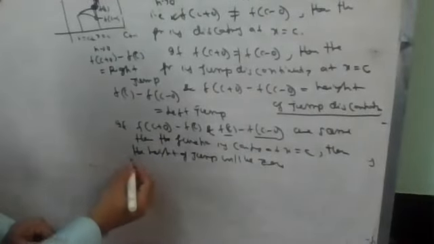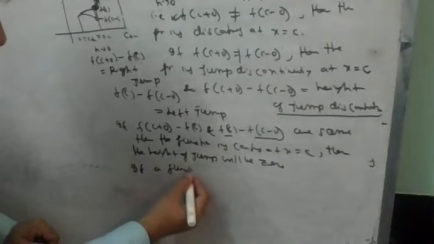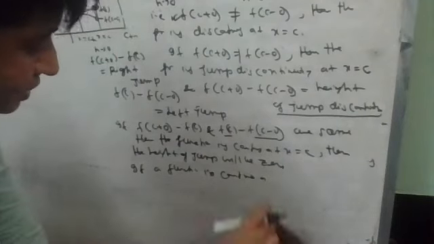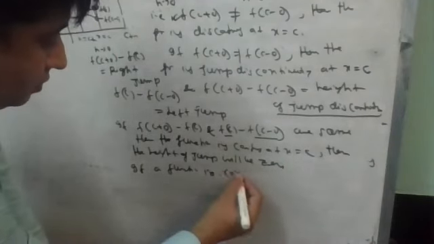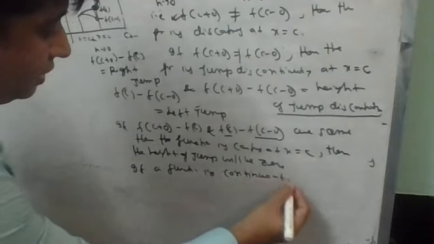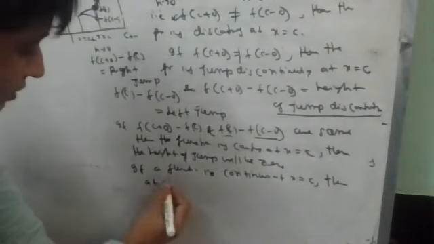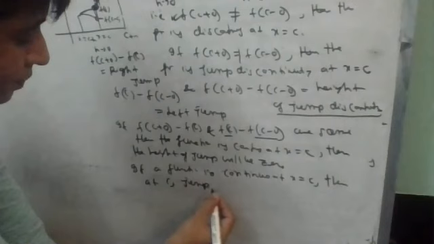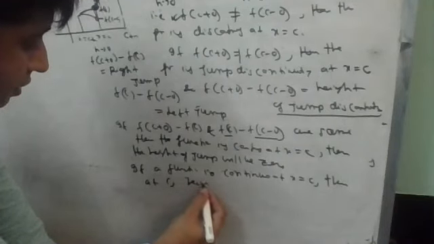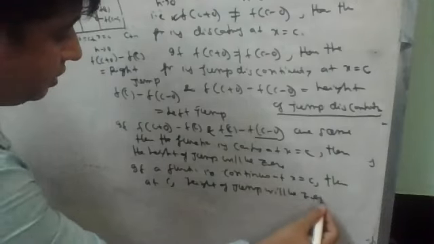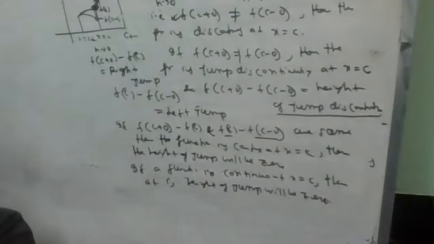That means if a function is continuous at x equal to c, then the height of the jump at c will be 0. If a function is continuous at any point, then at that point the jump is 0.